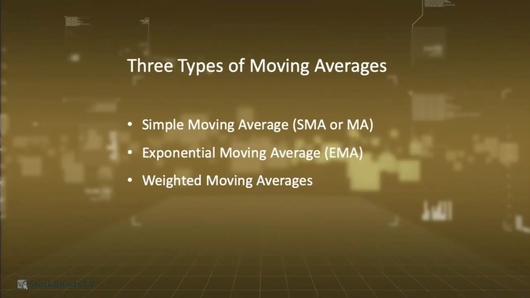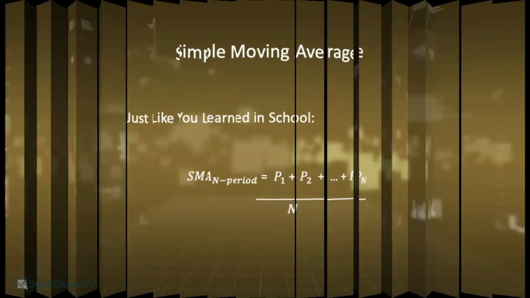And then there are weighted moving averages, and there are a lot of averages that fall into this category, the triangular, the geometric, and a few more out there, but typically the simple moving average and the exponential moving averages are the ones that we typically use.